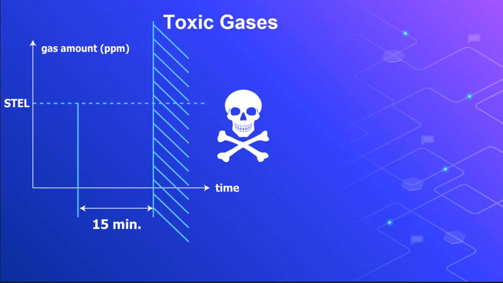The limit values accepted by the World Health Organization for the measurement of carbon monoxide gas are 50 ppm to 300 ppm. It is the TWA level for 50 ppm carbon monoxide gas, the upper limit that we can be exposed to for 8 hours.